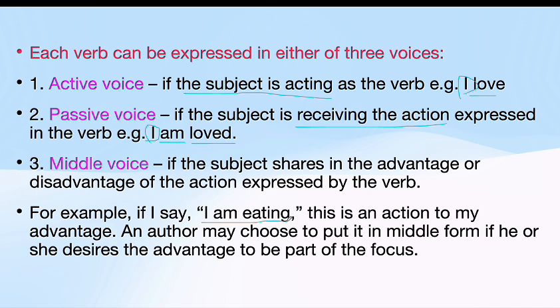This is an action to my advantage. Or the author may choose to put it in a middle form if he or she desires the advantage to be part of the focus. How do you make it if the advantage is part of the focus? I am eating. You will say, I am eating for myself. So Greek has three voices: active, passive, and middle voice.